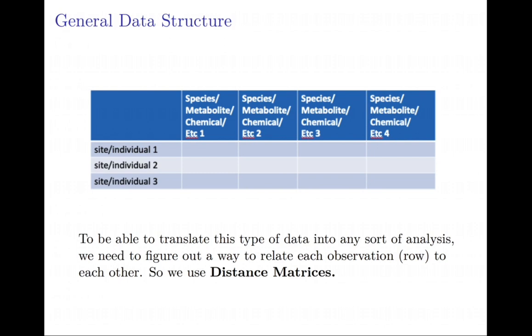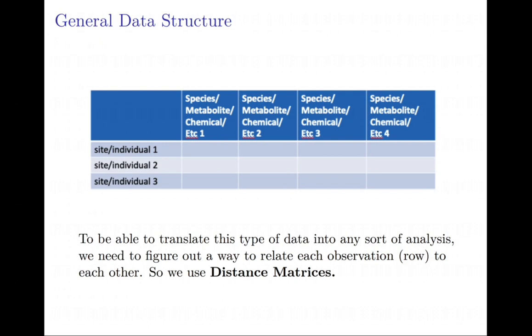So say you're thinking about plant species within a quadrat, you would have your quadrats as site 1, 2, 3, 4, and then you would have species 1, species 2, species 3, species 4, etc., all the way across as your columns. And so that's what we're looking for in our data.